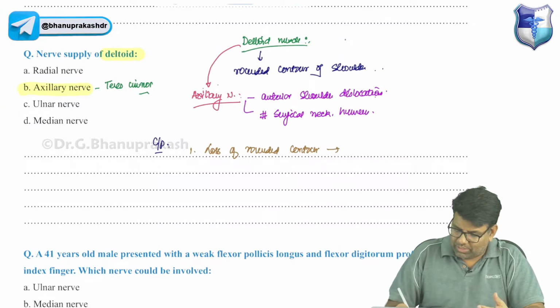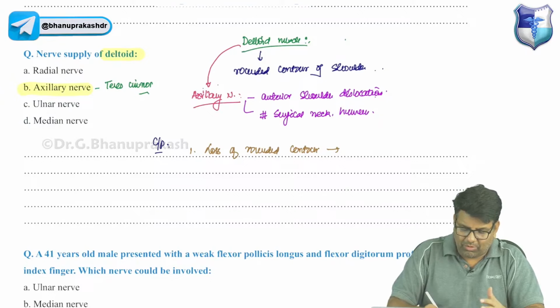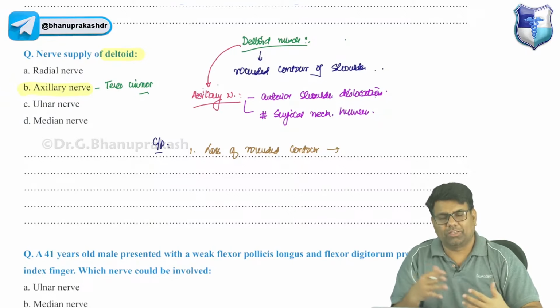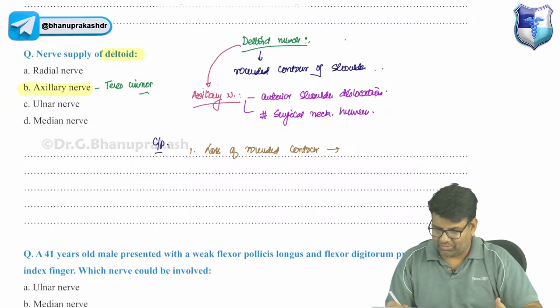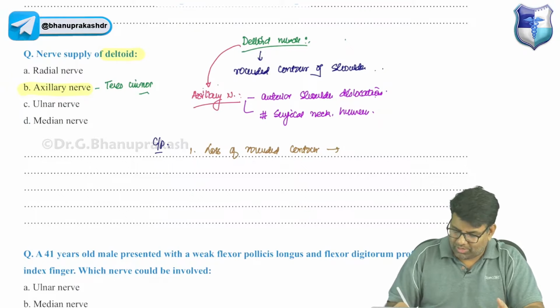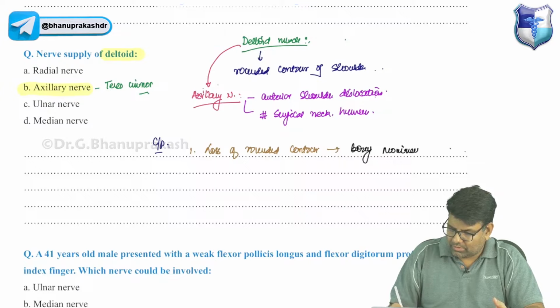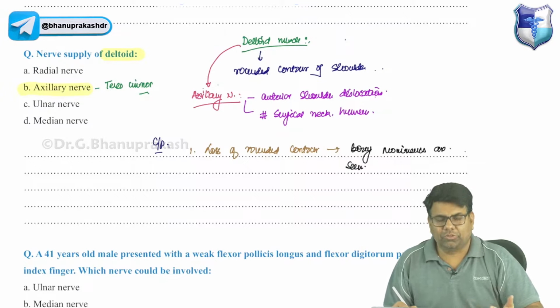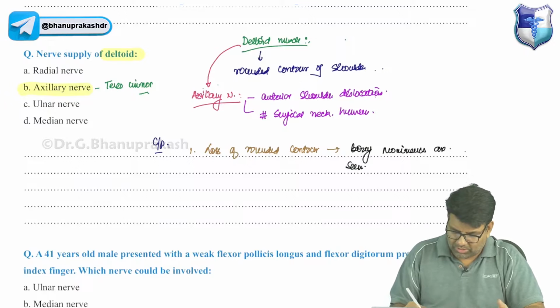So bony prominences will be seen. This can be correlated because the muscle cover is lost. Yes, Malika, absolutely right, I'll come to that. So there is loss of rounded contour, which makes the bony prominences visible, and sometimes this is known as flat shoulder also. So this is one thing.